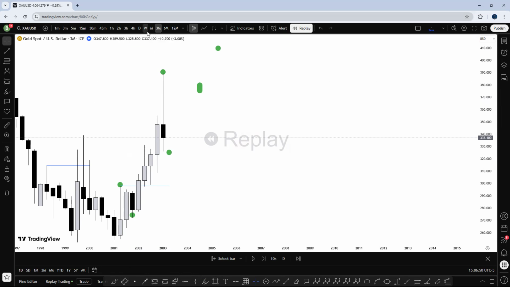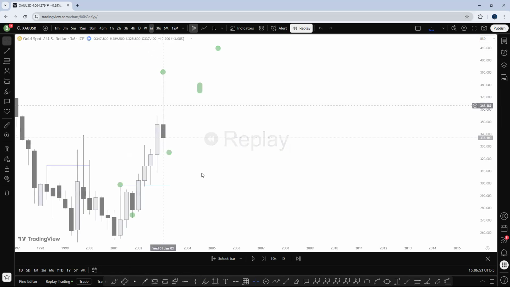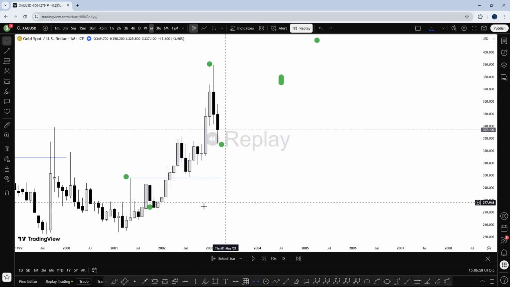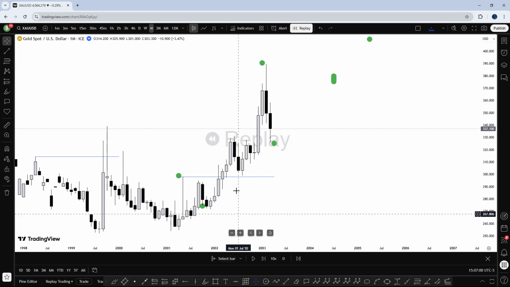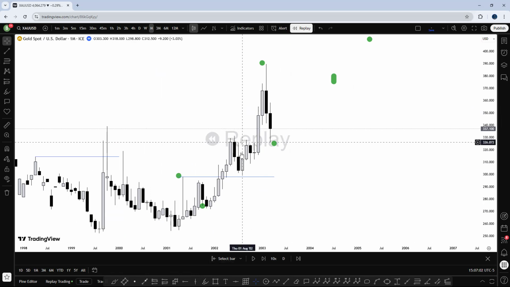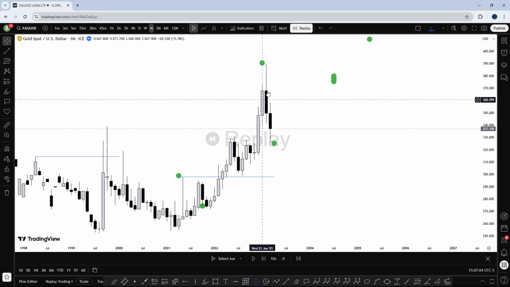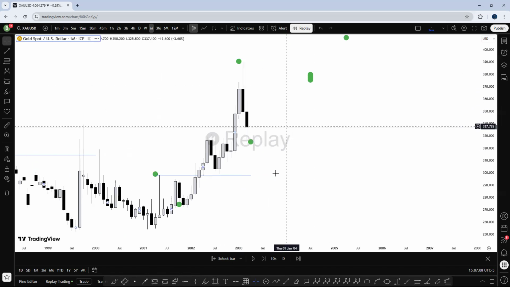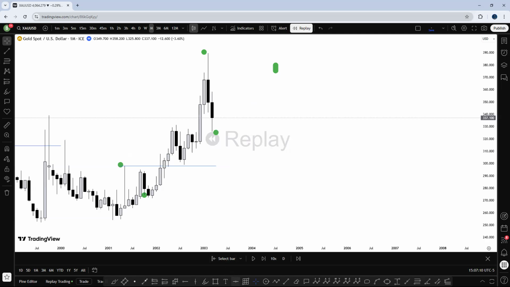Now, if we switch to monthly time frame, we can clearly see the internal structure market is using to create a trend. So what will this time frame help us?